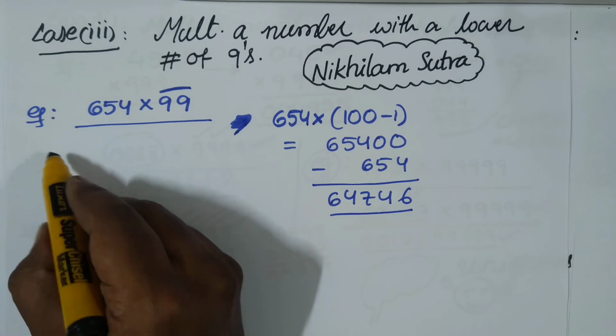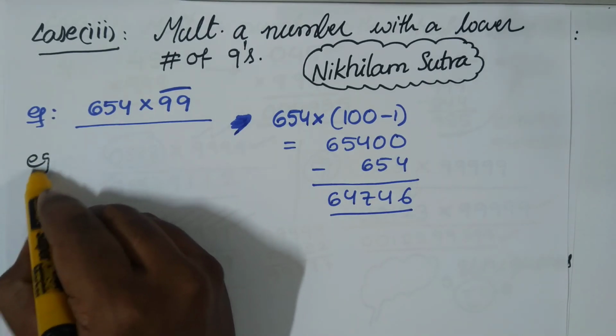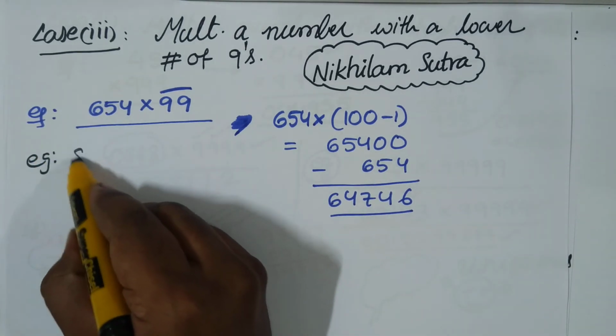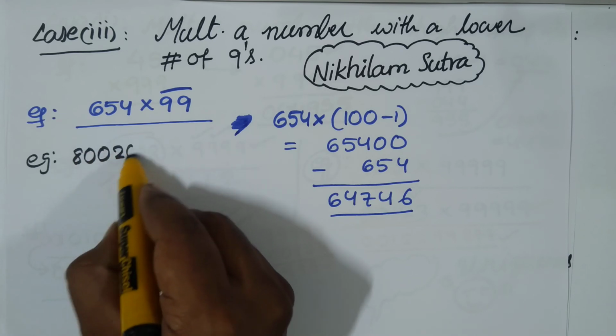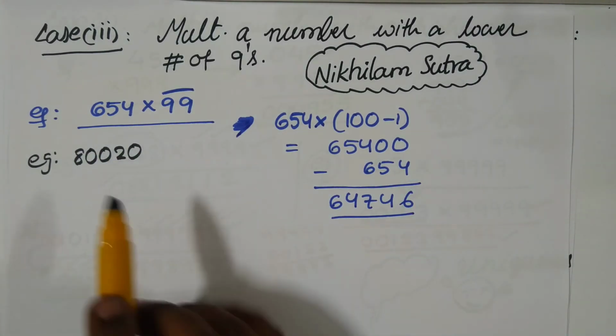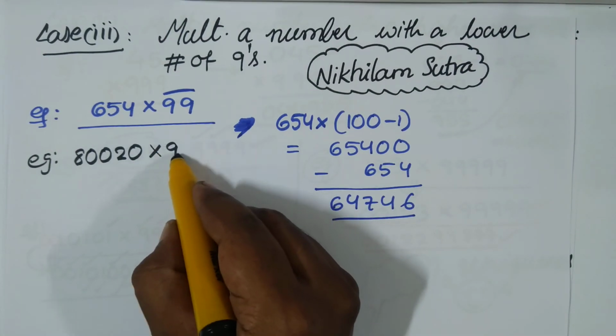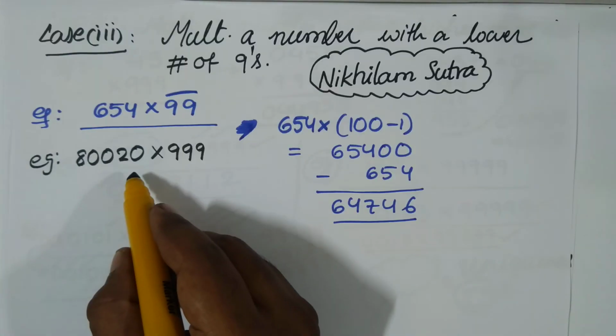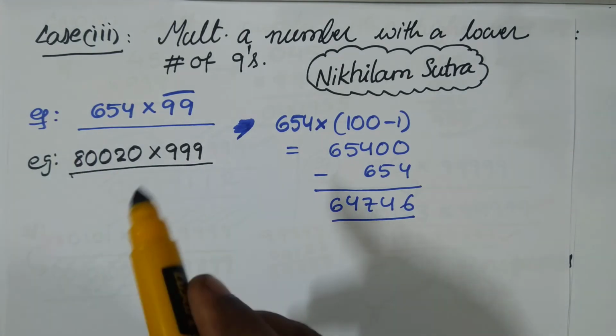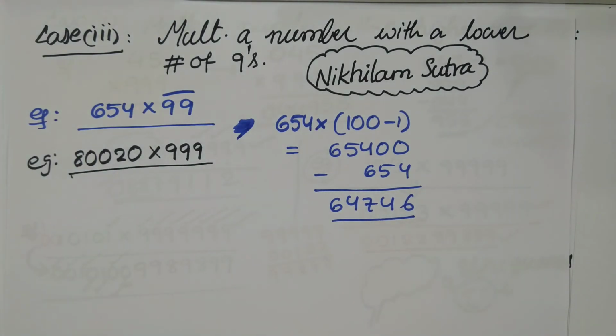Let's take a second example. Example number 2, say 80,020 multiplied by 999.